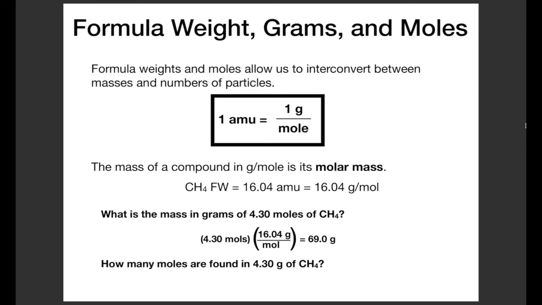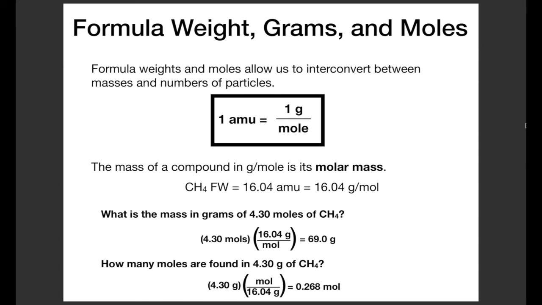So in this case, 4.30 moles times 16.04 grams per mole, the moles cancel out, and you're left with 69.0 grams. When you go from grams to moles, you have to take the inverse of the molar mass and multiply that by the mass. So 4.30 grams times 1 mole per 16.04 grams equals 0.268 moles.